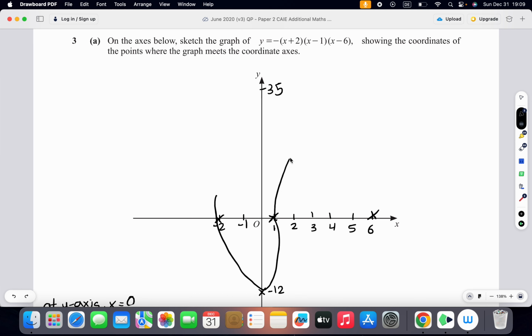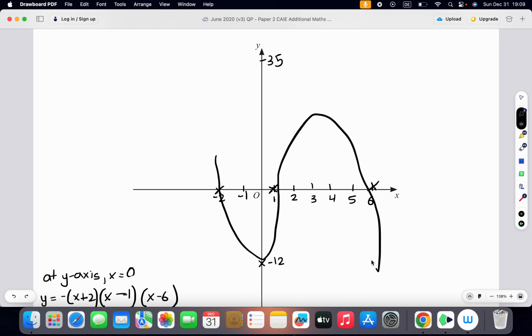It's not the most beautiful graph. Actually, let me redraw it once for you. I'm drawing on a tablet, so please show me some mercy. Okay, that looks better, I guess. Let me give it one more try. Okay, there we go. So let's say that's roughly what we go to.